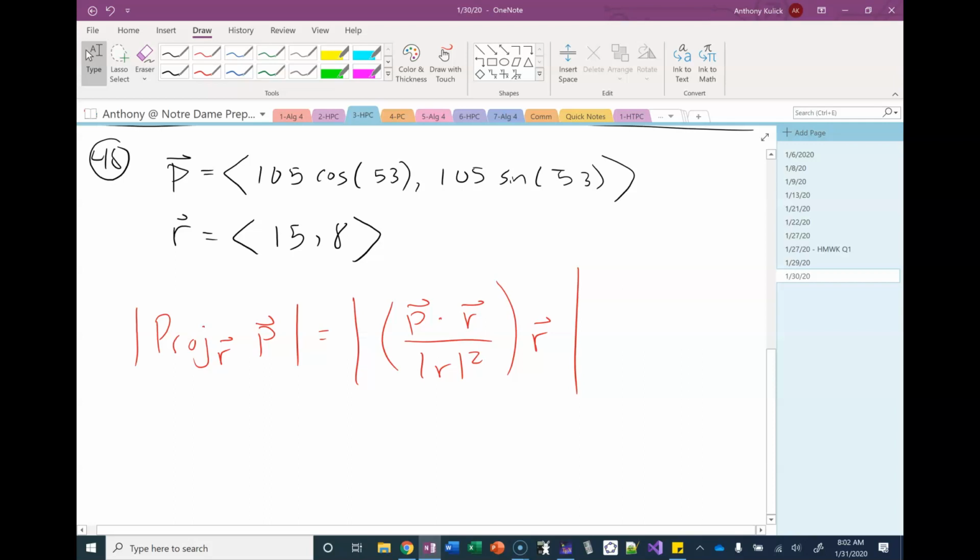So if I do the dot product, typing that into my calculator, I get 202,494-ish. And then the magnitude squared is going to be 289.